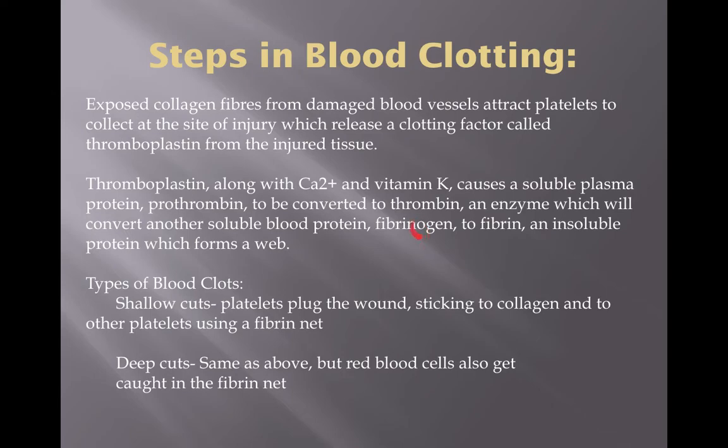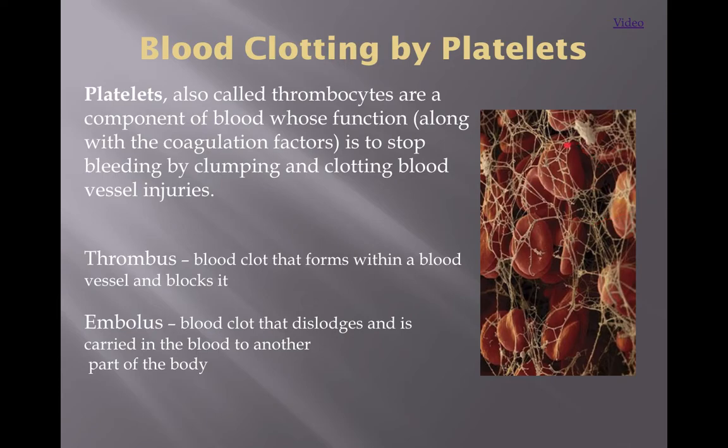Fibrinogen is soluble in water, so it can move around easily with the blood. But once it's turned to an insoluble form, it's going to act somewhat like fat, and it's going to stick to the sides of the blood vessel. As it sticks to the side of the blood vessel, it starts to create the clot. So this is fibrin right here.